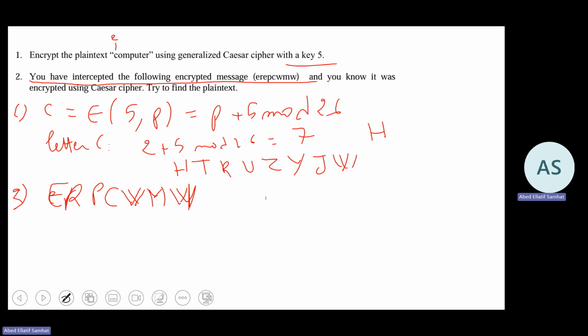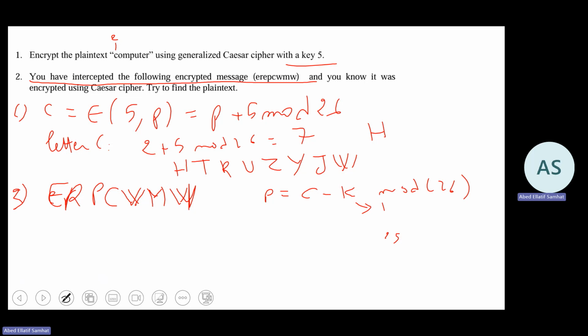So the plain text equals the ciphertext minus the key mod 26. If you want to apply a brute force attack, we have to take all values of k from k equal 0, which will be the same, so from k equal 1 to 25, and one of them will give the good result.